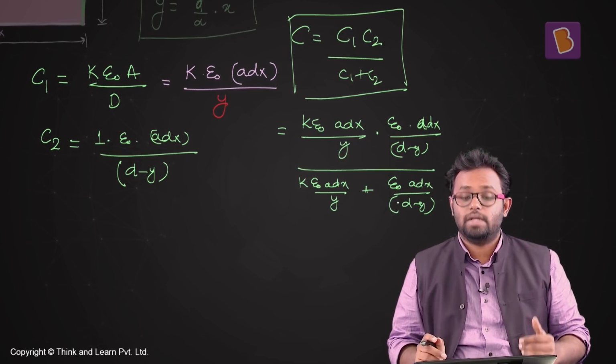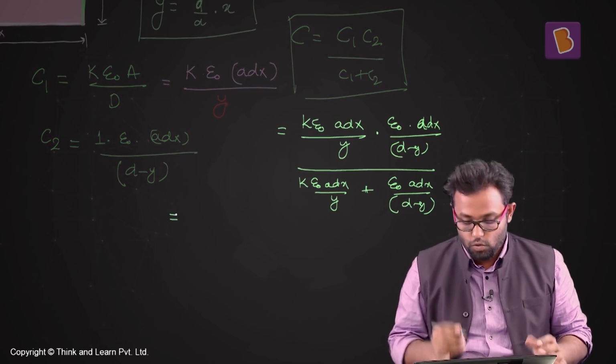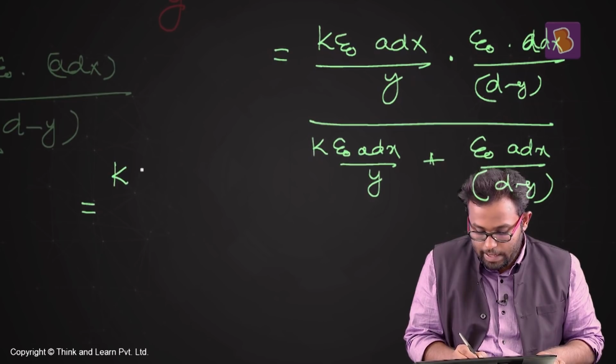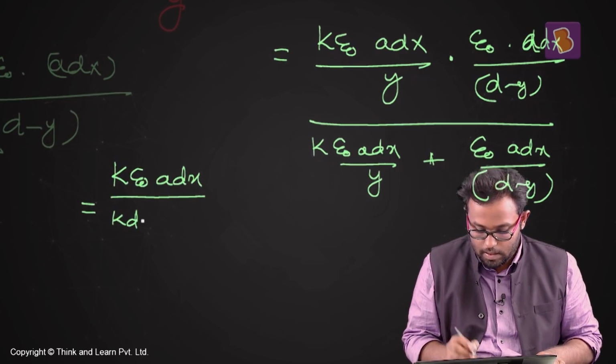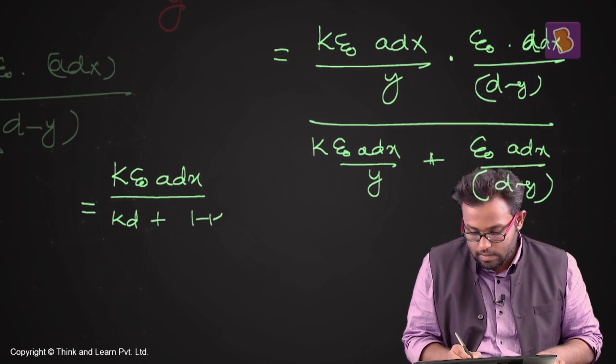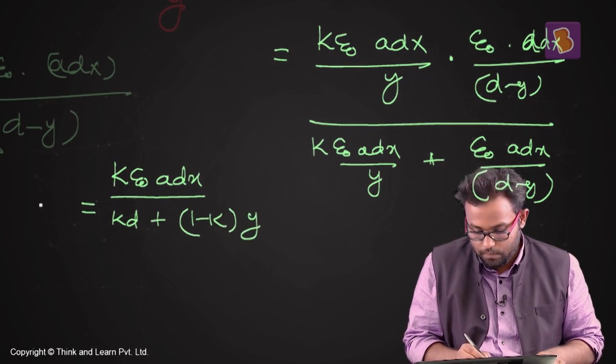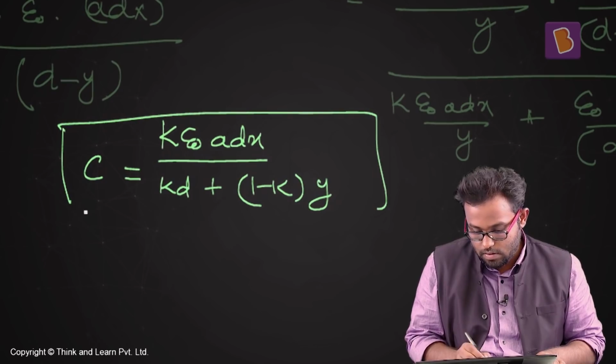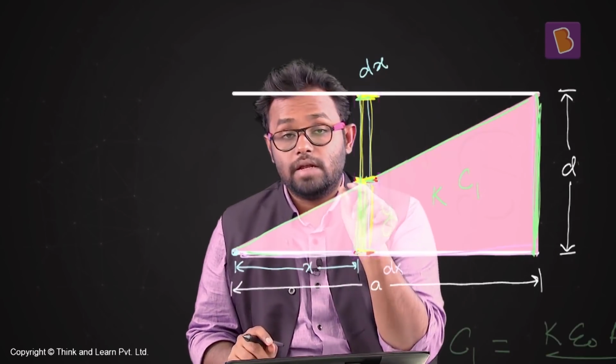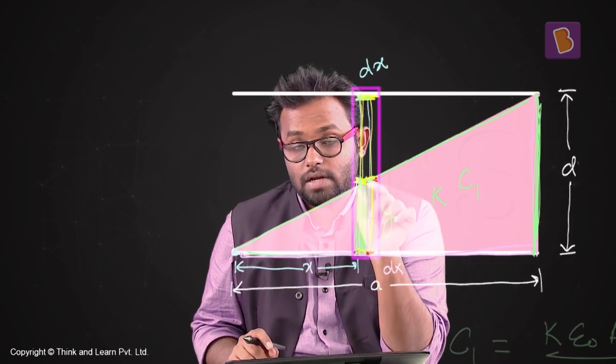This is the expression for the net capacitance. When you calculate this, you find that this comes equal to K epsilon naught A dx upon kd plus 1 minus K times y. So this is the net capacitance of this thin strip of capacitor that I have considered.